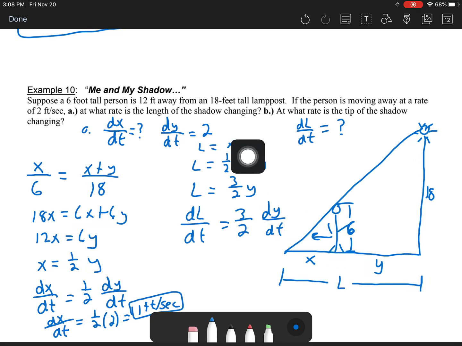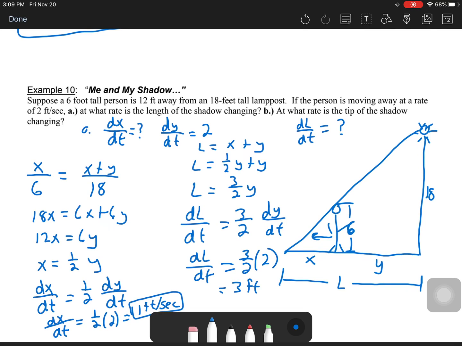Now the dy/dt, again, is the rate at which the person's walking away from the light source, and that was just that 2. So I'm going to put in a 2 there, and so dL/dt is going to equal 3/2 times 2, which should just give me 3 feet per second.